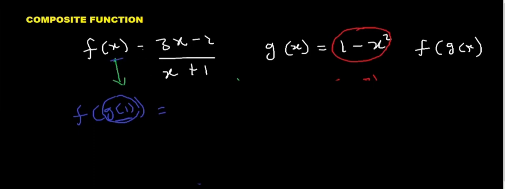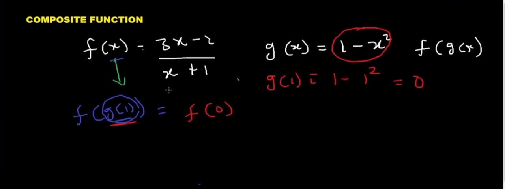So let's quickly find our g(1). So g(1) here means I'm going to replace the whole of x with 1, right? Very simple. So here, instead of writing this x, I write 1 squared, and this is obviously 0. So I can as well write this as f(0), still acceptable because this whole thing here is 0.